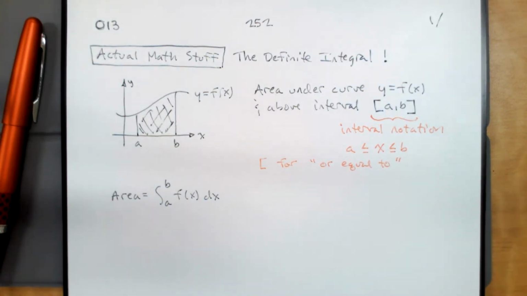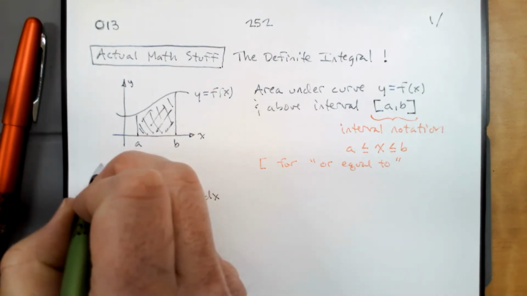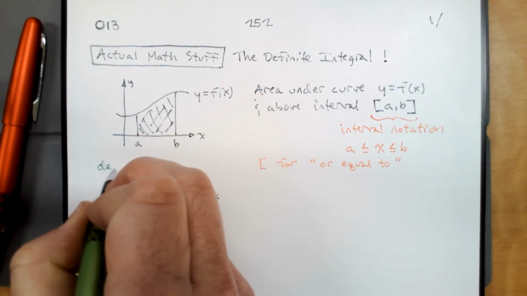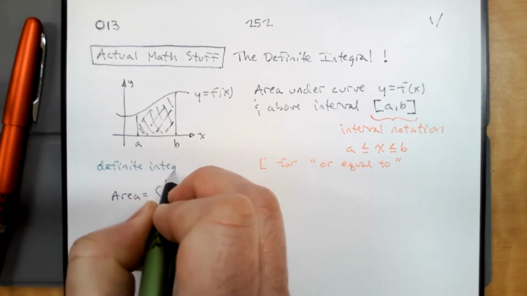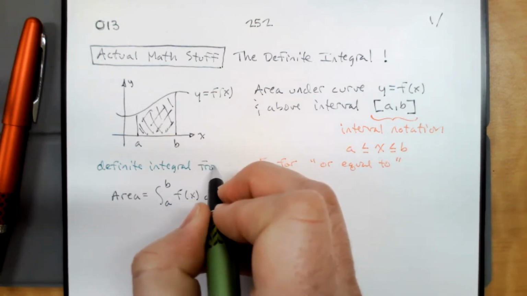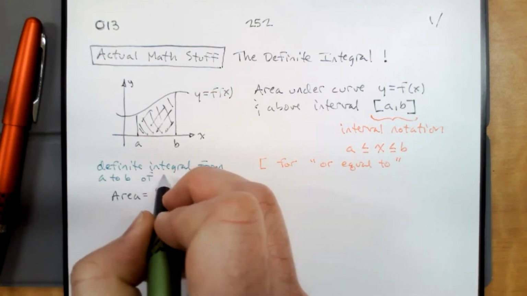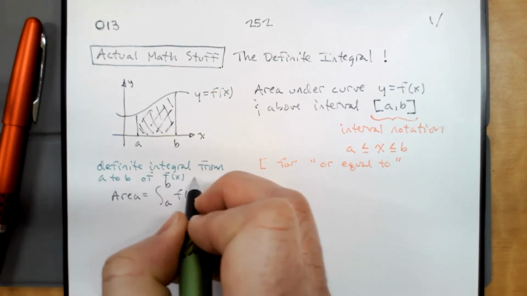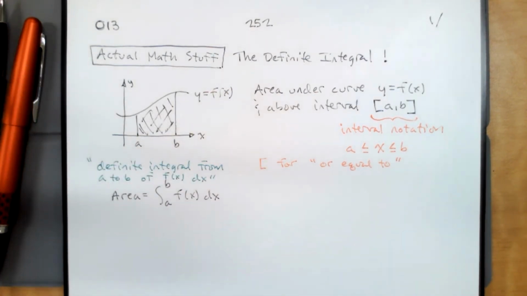A lot of times I'm just going to read it in the order that it gets written, even though it comes out a little bit weird. So we say the definite integral from a to b of f of x dx. That would be the words that go along with this symbol.